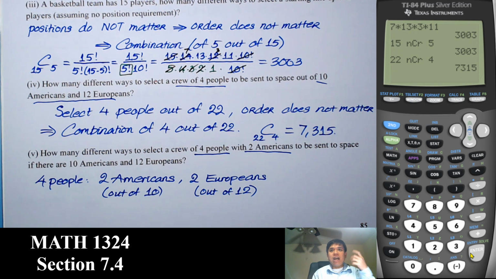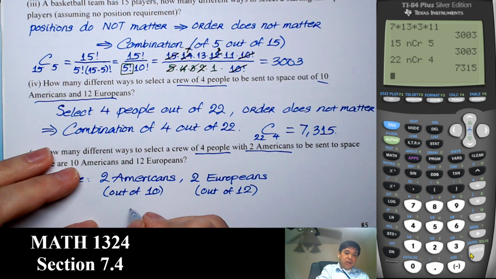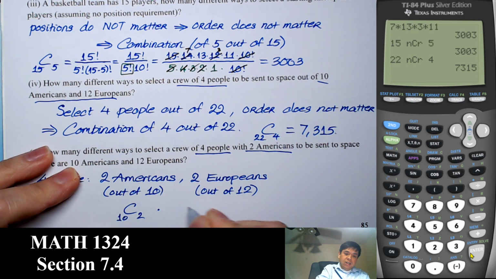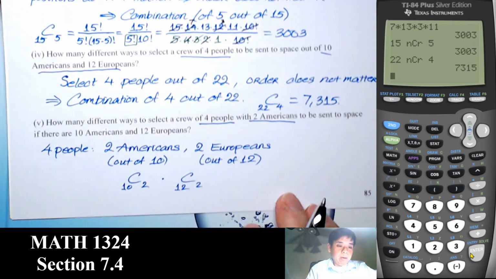Now this is just like a 2-stage problem. We select the Americans first, and then we choose 2 Europeans. Whatever we choose here doesn't affect whatever we choose there, so we just multiply one by the other. To choose 2 Americans, again order does not matter, so we choose 2 out of 10. And for Europeans we choose 2 out of 12. And we compute both.